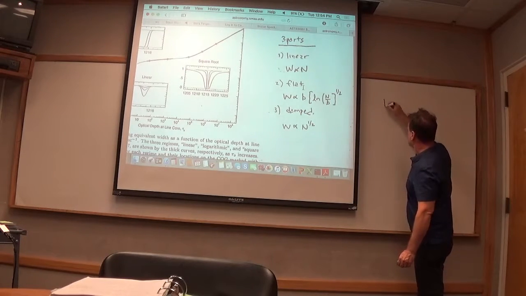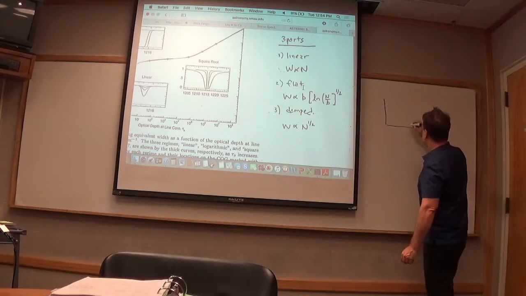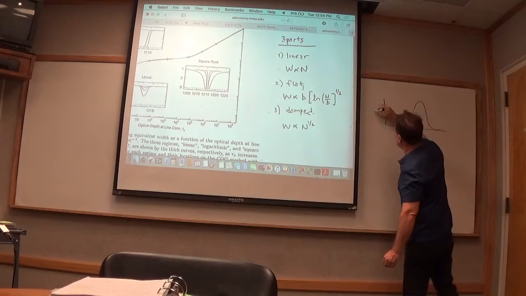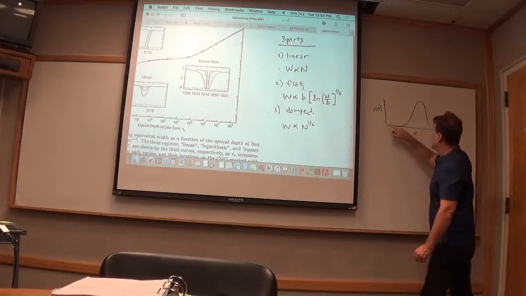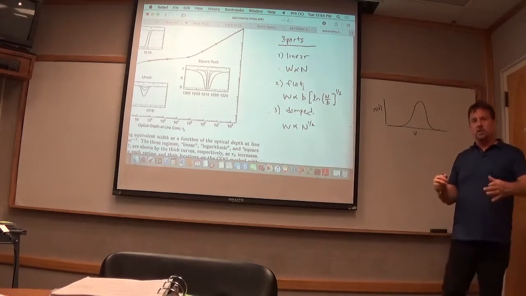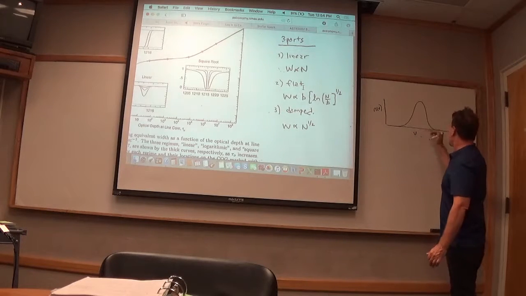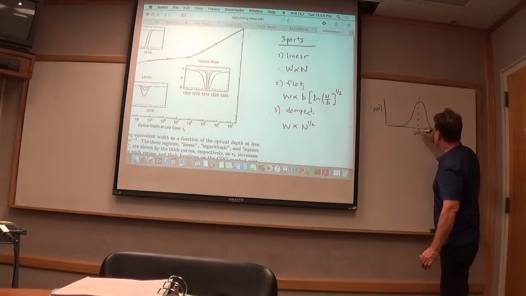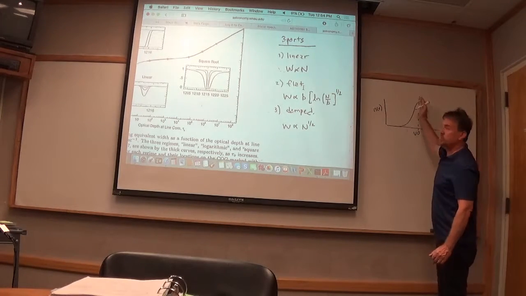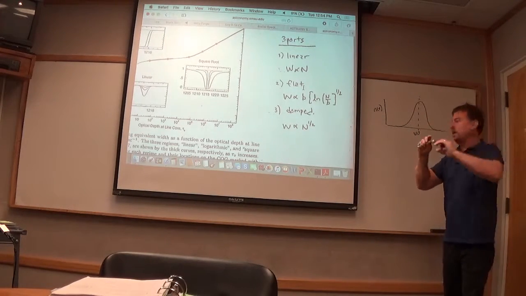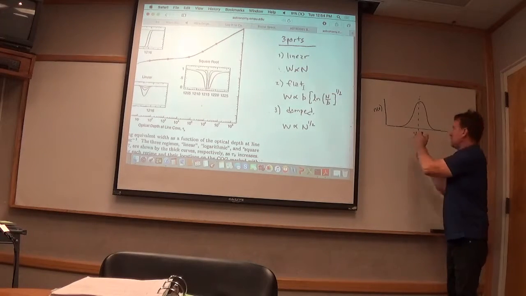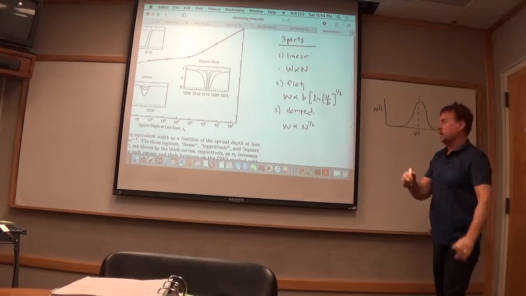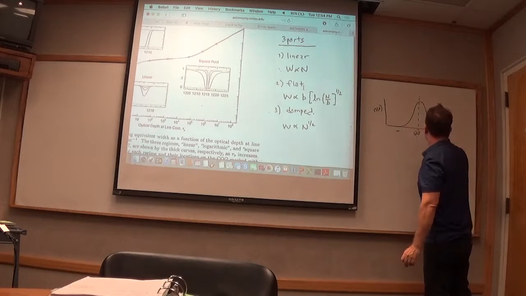So this is the distribution of velocities of your atoms in V. This is a distribution, okay? So you have a distribution of atoms, some at high velocity, some at, call that 0. So these are atoms that are at rest with respect to you along the line of sight. These are atoms that are moving away from you, and these are atoms that are moving toward you, okay? So minus and plus.